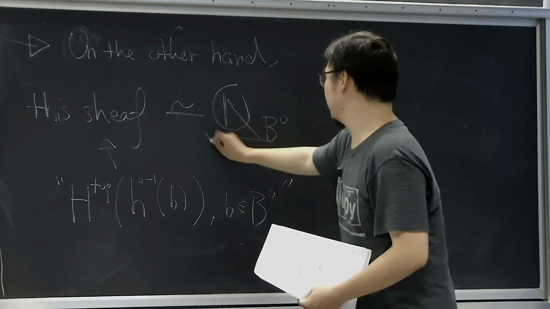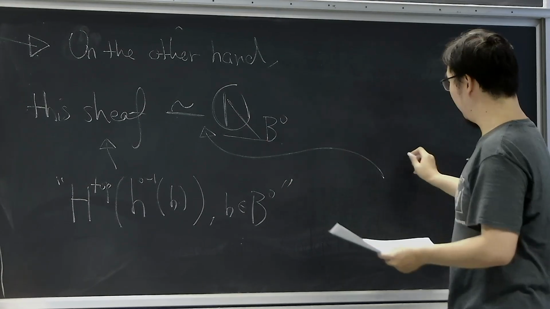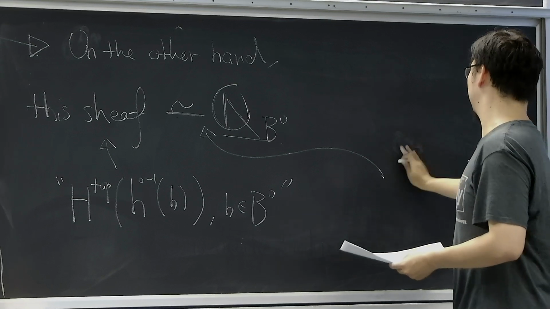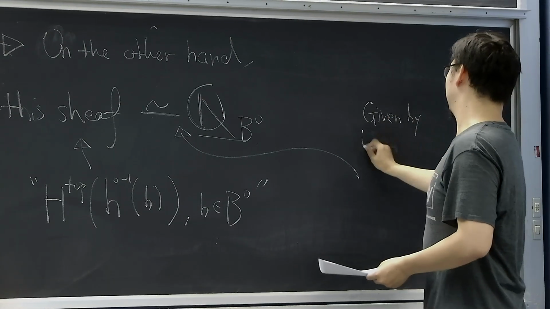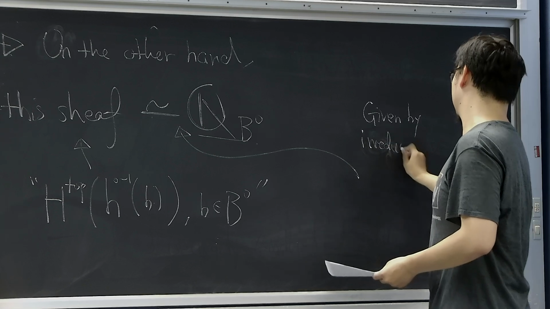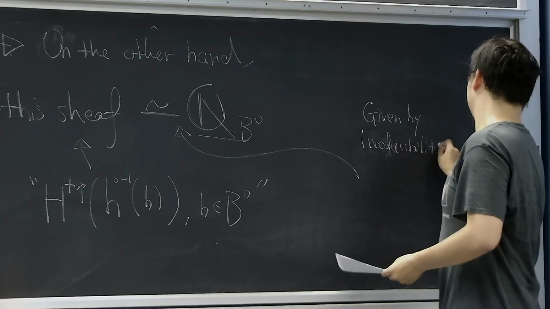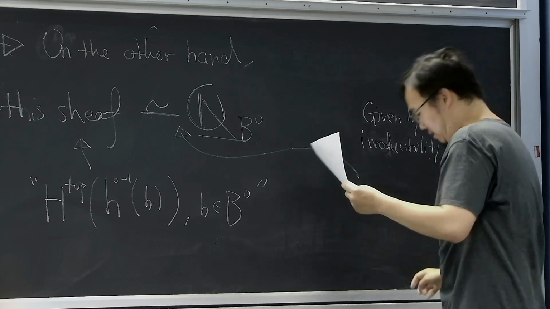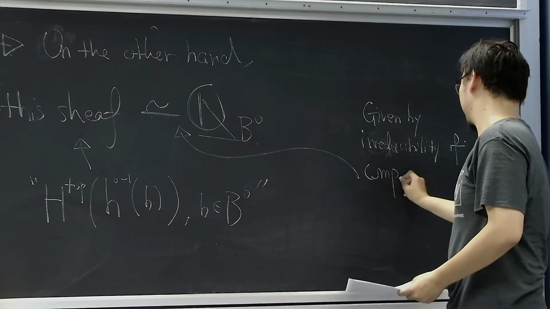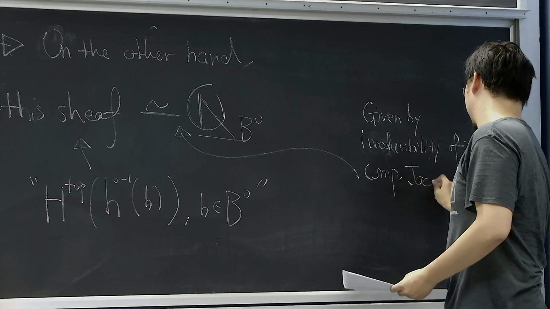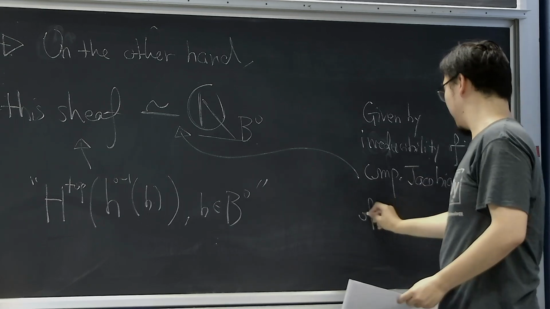And this is given by the irreducibility of compactified Jacobians of integral curves.